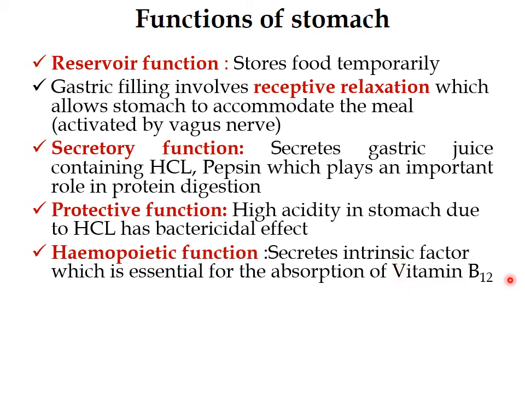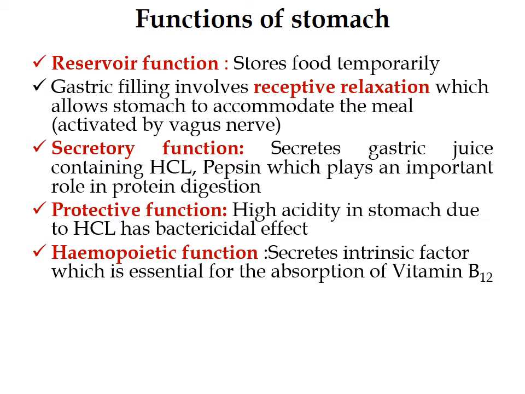For the absorption of vitamin B12 from the intestine, it requires an intrinsic factor which is released from the stomach. So the stomach cells will be releasing this intrinsic factor, which is essential for the reabsorption of vitamin B12, which means if you don't have this intrinsic factor released from the stomach, we cannot have reabsorption of vitamin B12.